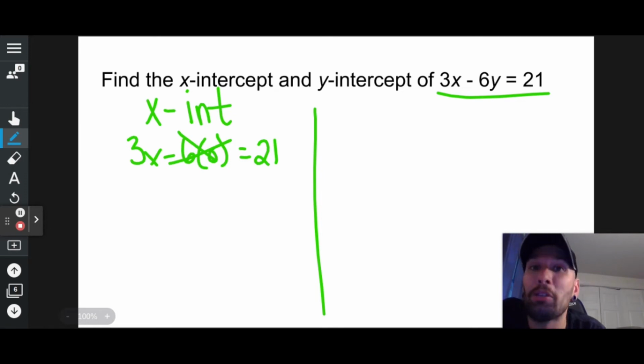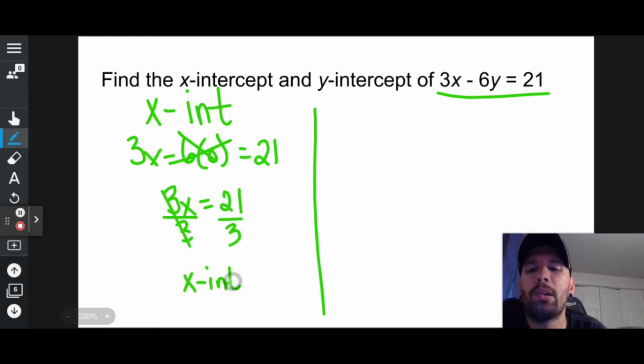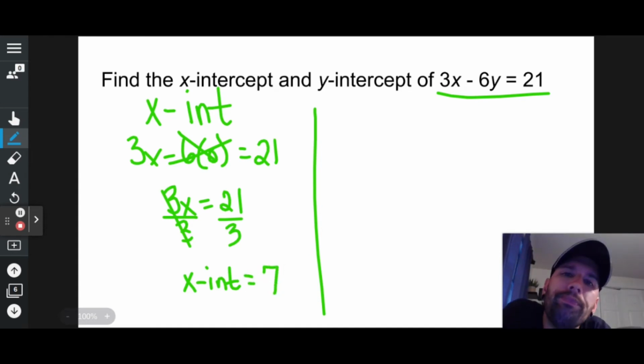Which is funny because we're talking about points. Not so much today. 3x equals 21. Divide both sides by 3. And my x-intercept is 7. Boom. That's it. Basically, you're just getting rid of y and everything attached to it.